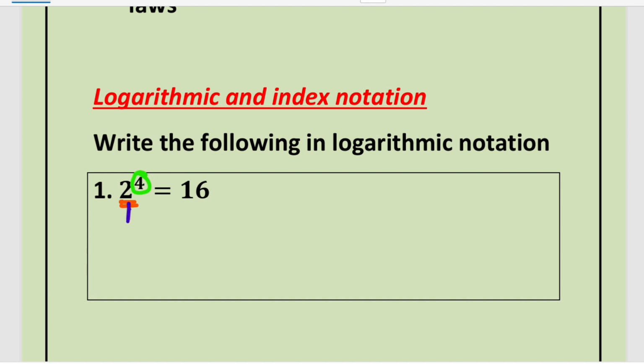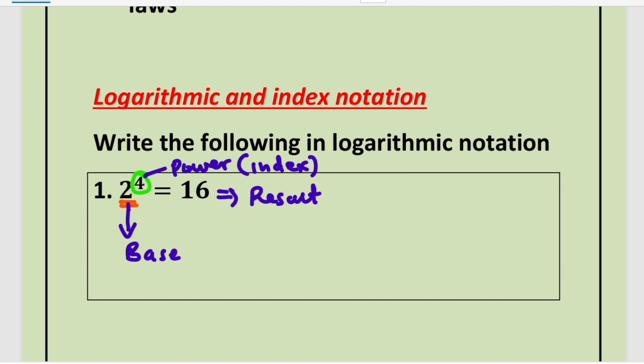So this is the base, this is the power or the index, and then this is the result. So now if you raise a given base to a given index, you get the result of raising that particular number to a given index.